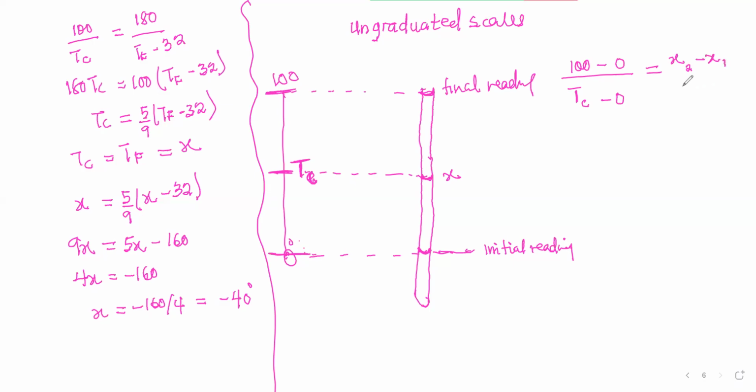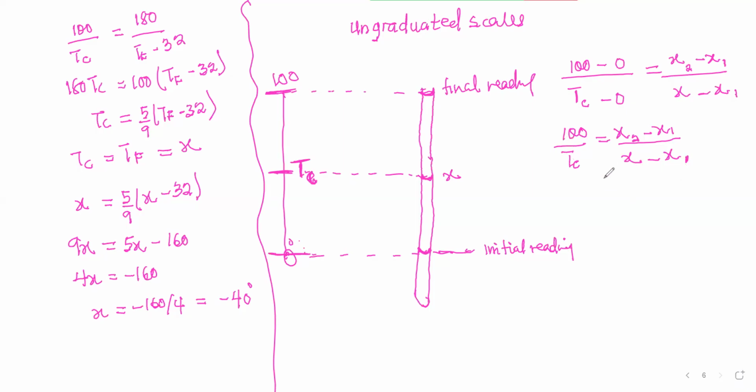Here the choice of letter is yours. This is divided by that given length of mercury minus the initial reading. So we use the same idea to find that equivalent temperature. 100 over Tc is equal to final reading minus initial reading divided by the given length minus the initial reading at 0.